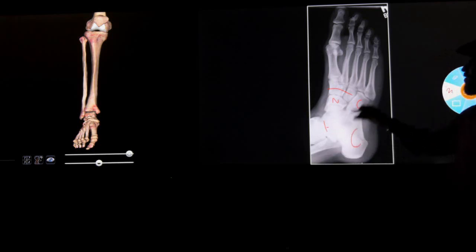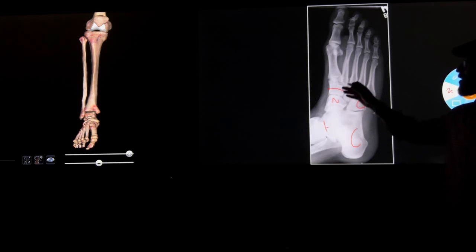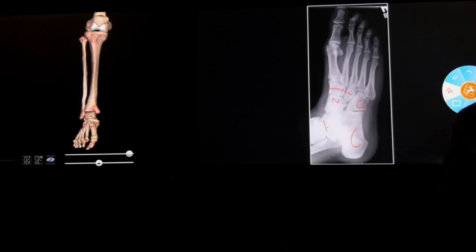Calcaneus, talus, cuboid, navicular, lateral, intermediate, medial cuneiforms. Okay? So those are your tarsal bones. There are 7 of those, by the way. Or, I'm sorry, 8 of those as well.